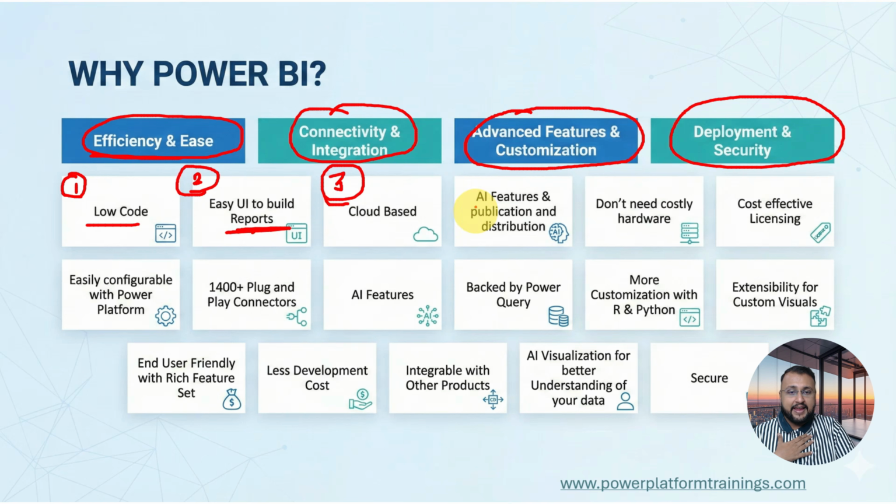Fourth is AI features, publication and distribution. Whenever we are building any kind of data analytics, the main challenge here is distribution. Once I develop the report, let's say I want to publish it out. There are not lots of steps, just one publish button, and it publishes your report. Also, it provides you lots of AI visualizations as well, which is the need of 2026.